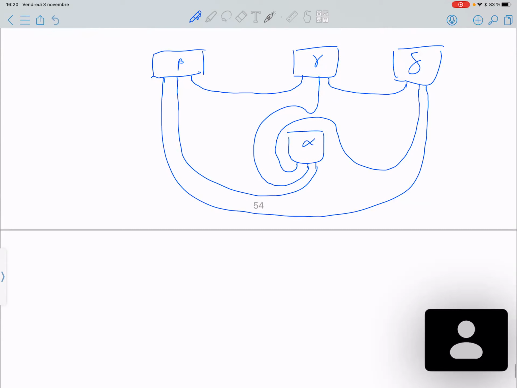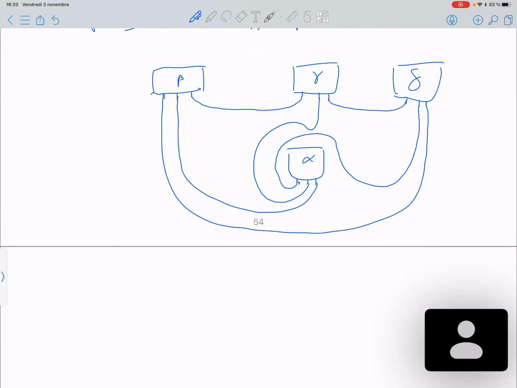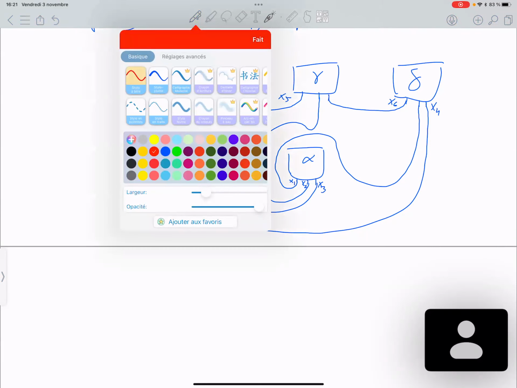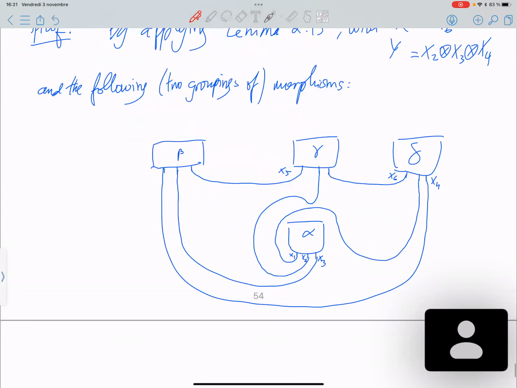Okay. So what is the grouping we are talking about? So here it's X1, X2, X3, X4, X5. The grouping is the following. So we want X6. X6 is here, so we will cut something here.